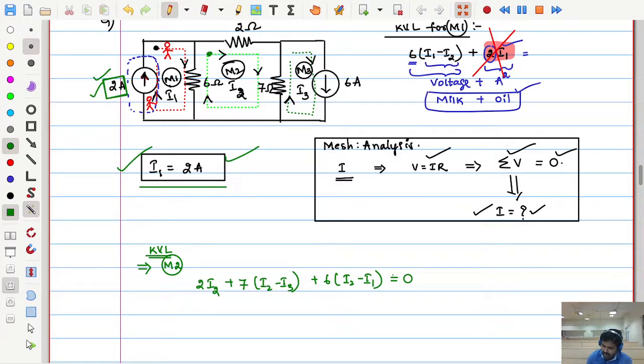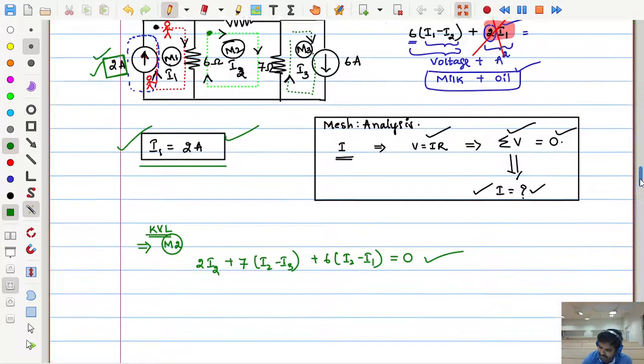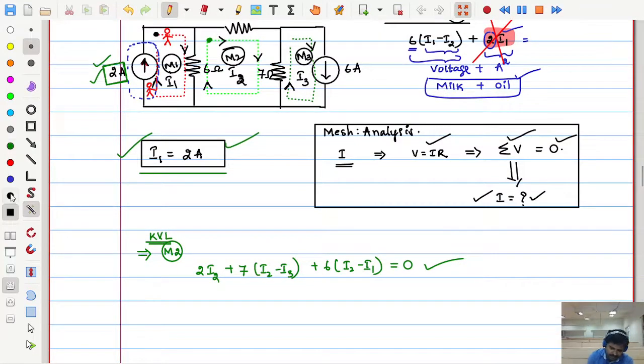We will not bother what I1 is as of now. I1 will be taken care of by mesh 1. Now you think of only your area, mesh 2. Follow the usual procedure and write down the Kirchhoff voltage equation. Got it?